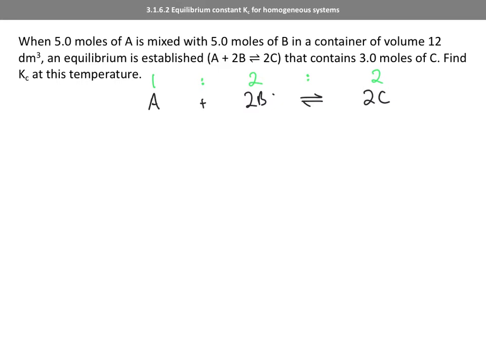You may think that they're just implicit anyway, so you don't need to do it, but it's up to you. So we're just going to use our ICE mnemonic to help us lay out the grid. So it's going to be initial moles, then it's going to be the change in moles, and then it's going to be equilibrium moles.